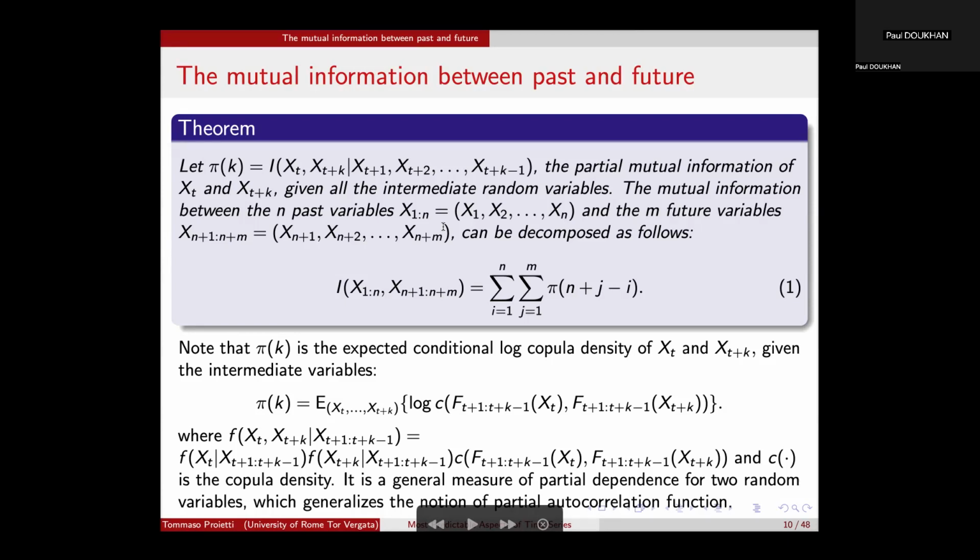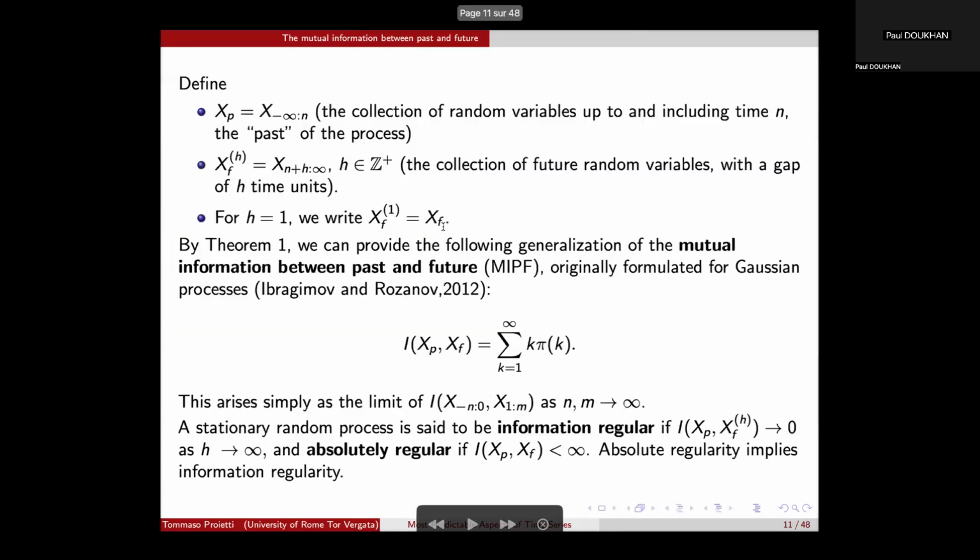So you have a multidimensional object, and to estimate it there are several proposals in the literature using k-nearest neighbor or non-parametric methods, but you still face the curse of dimensionality because these objects involve k random variables. I will take another route, as you will see.